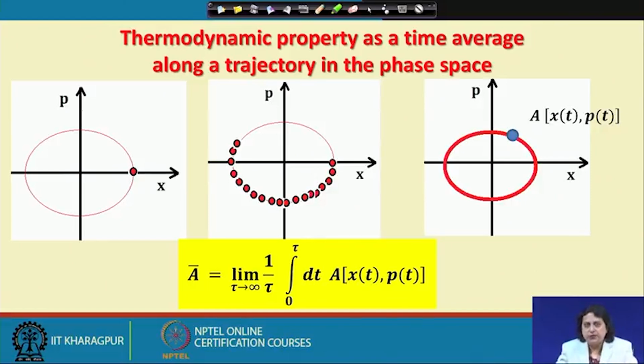Now, at this point you would obviously argue that by waiting for a very long time, what essentially you are doing is allowing the system to access all possible microscopic states.